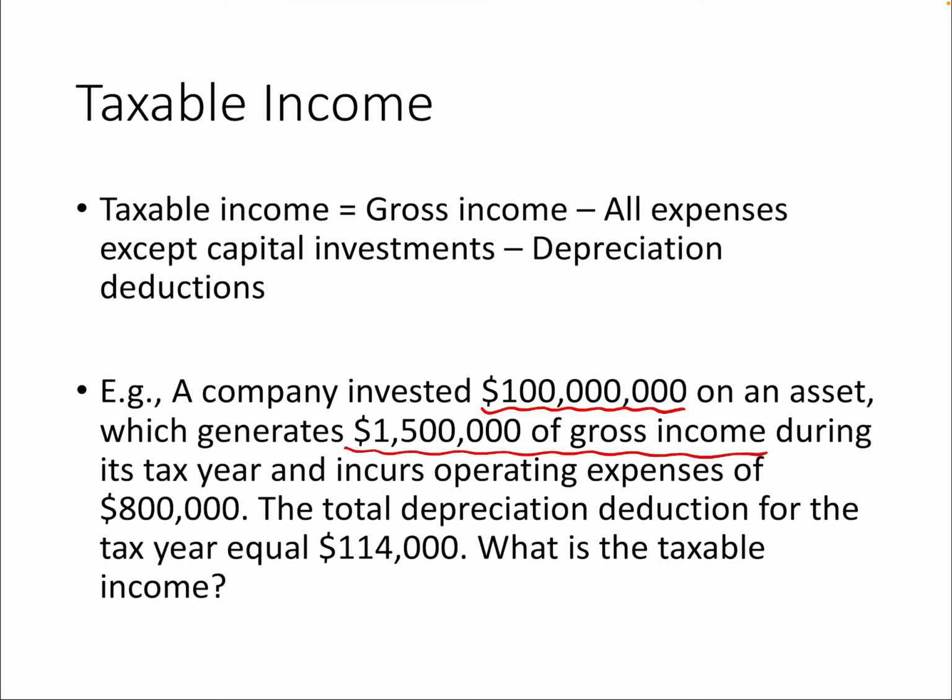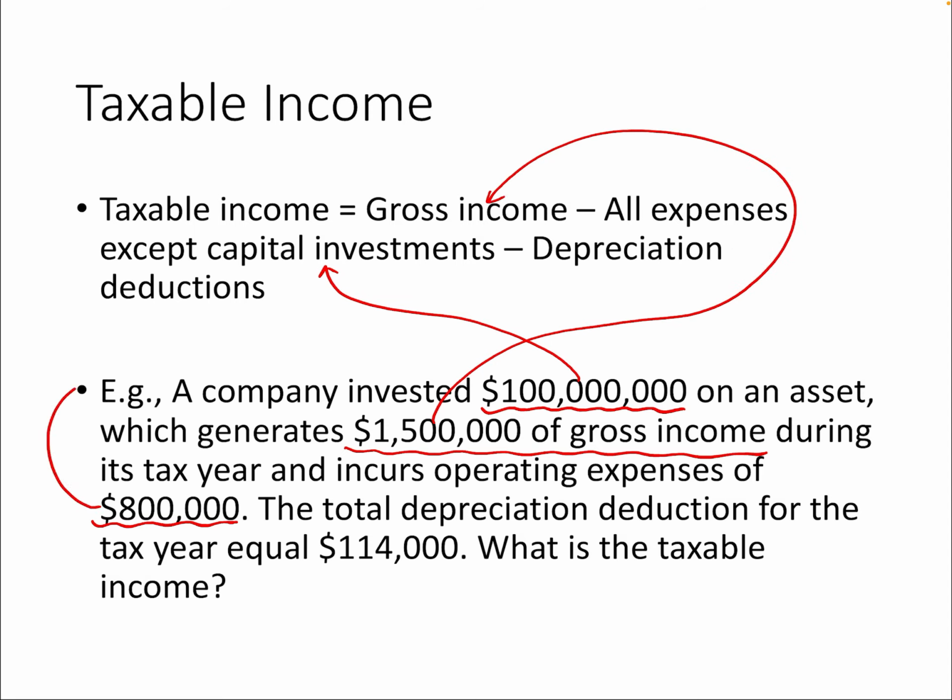So this is the gross income, right? And incurs operating expenses of 800,000. So that is your expenses. So this is the capital investment, and this is your gross income, and this is your expenses.